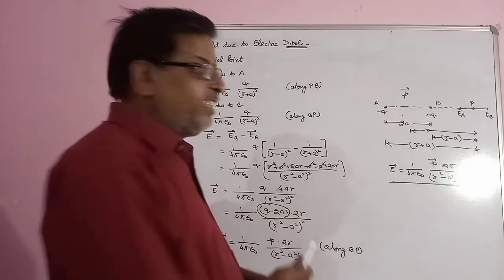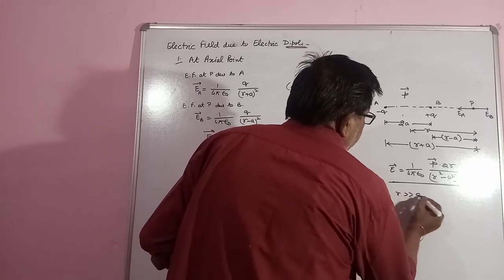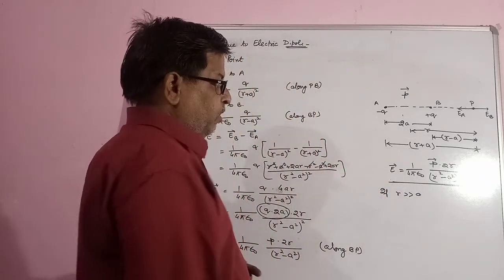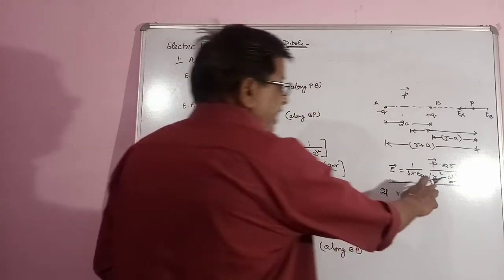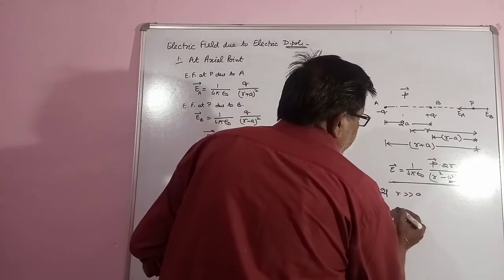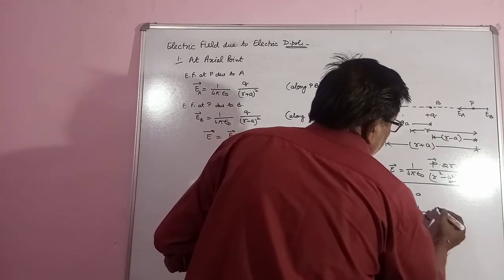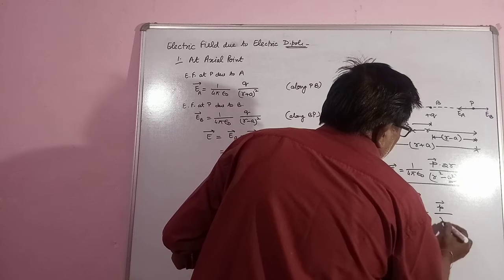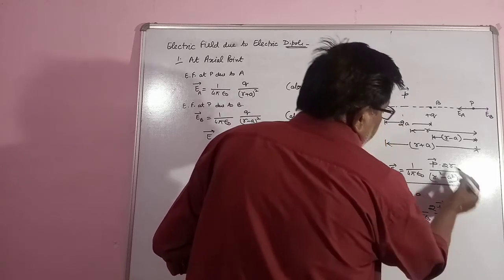Now we can consider some cases. If R is much greater than A, we can neglect A square as compared to R square. So we get E equals 1 over 4 pi epsilon naught, vector P over R square squared, that is 2P over R cube.